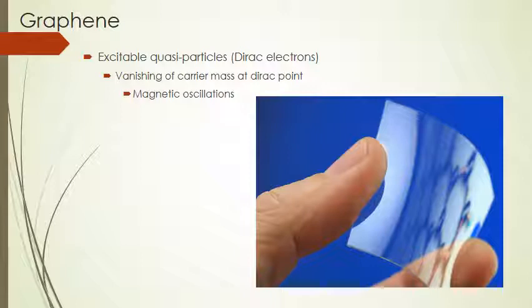Graphene is also unique for having these excitable quasi-particles native to it called Dirac electrons, and they're noted to have a vanishing of carrier mass associated with them at a specific Dirac point. This vanishing of carrier mass induces a magnetic oscillation that gives graphene some of its unique properties.